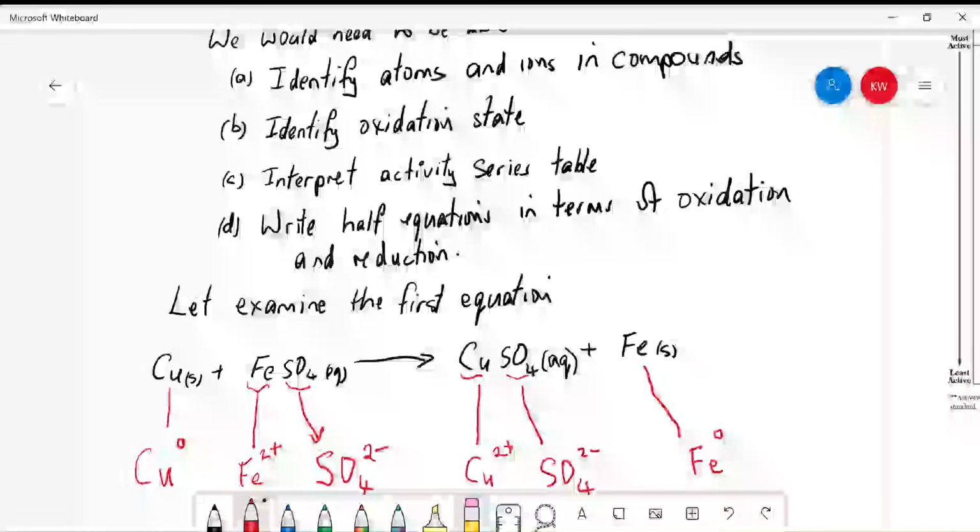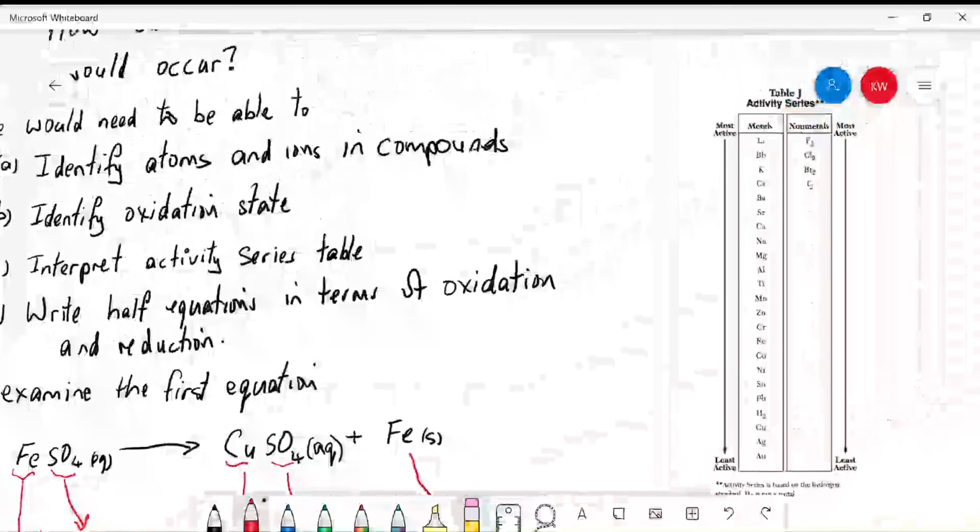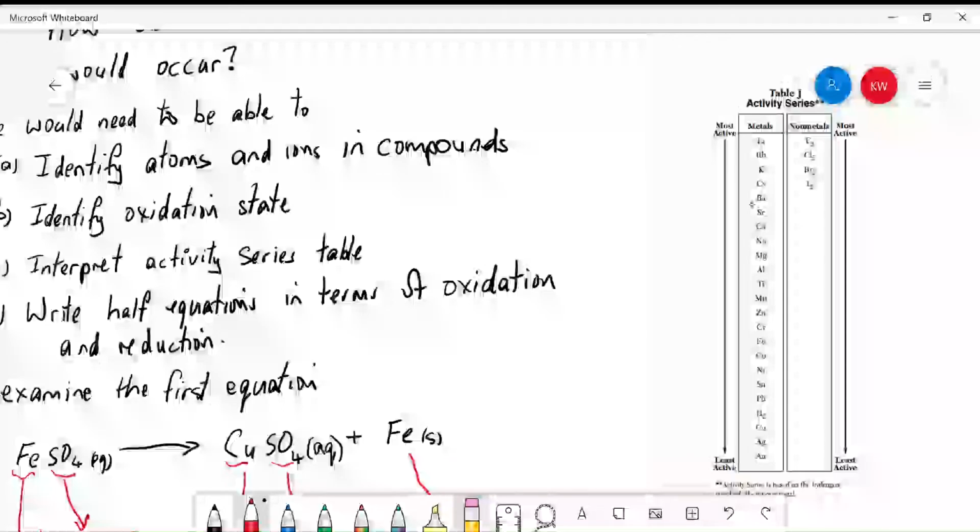So let's take a look at this activity series table. This table gives a list of different metals, and we have hydrogen somewhere along. Hydrogen is placed along with the metals. Those at the top portion are the most reactive ones, and those at the bottom are the least reactive.